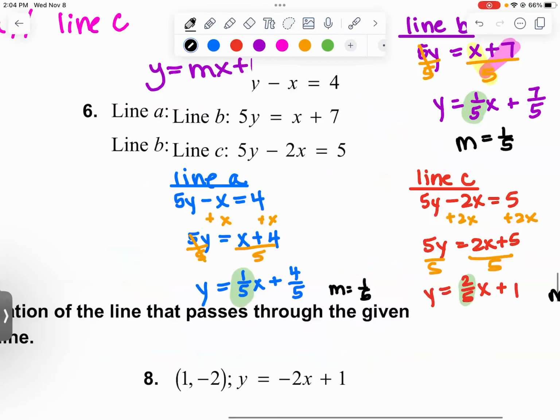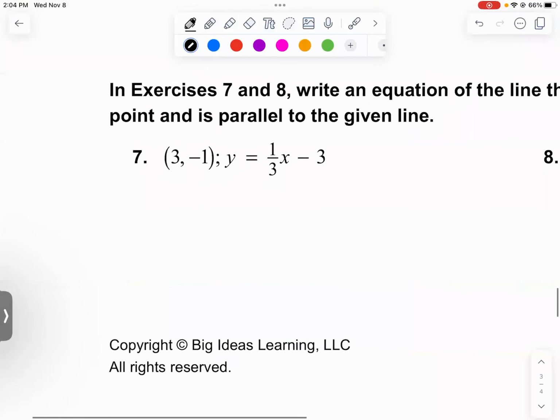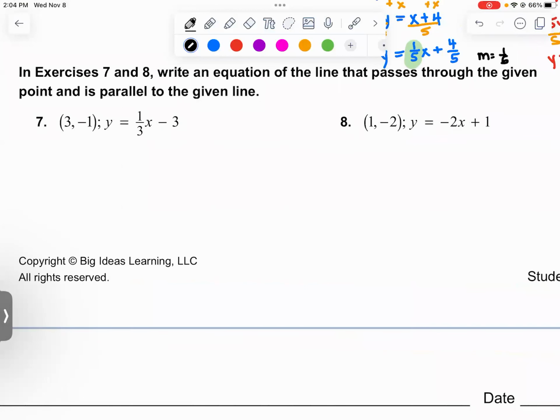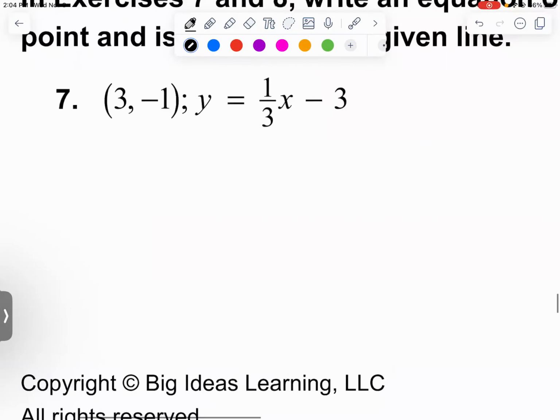And same thing down here, we're going to look at number 7. Number 7 is asking us to write the equation of a line that passes through the point and is parallel to the given line. What we know is that our point 3, -1 is on our line.